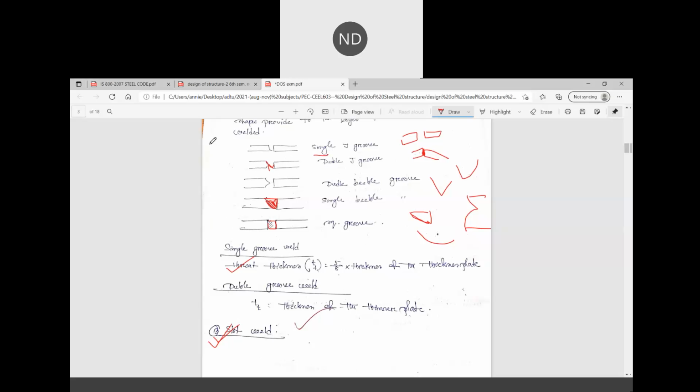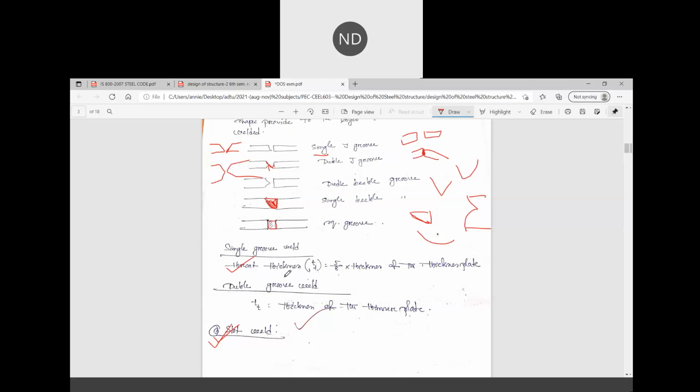Sometimes it can be like this, this plate is like this, this plate is like this. So it is looking like V, right? So this is a single V groove weld. But when your plate is like this, like this, and like this, so it is double V groove, one top side, one bottom side. So this type of groove welds are there.